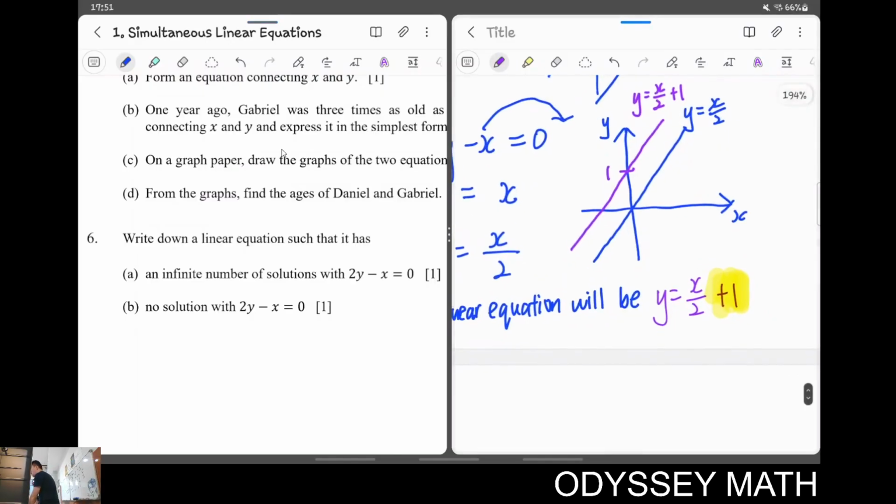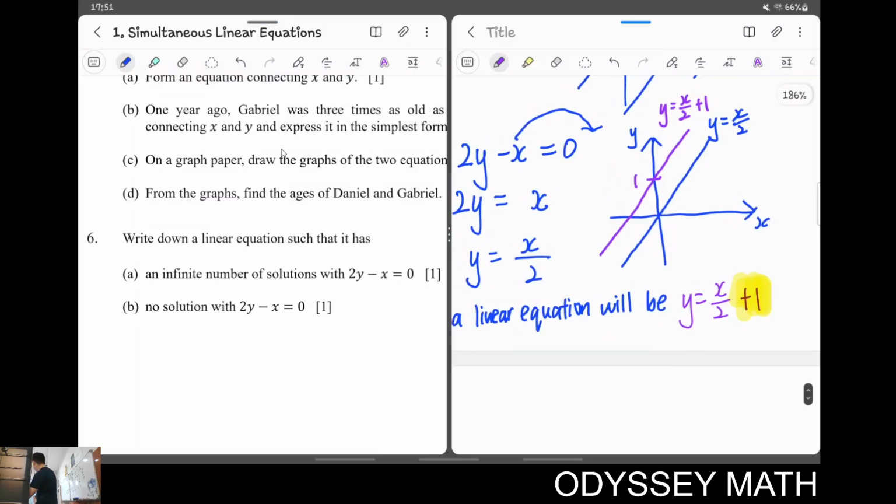If you put y equals x over 2 exactly as this equation, they are the same equation. Then both lines will overlap each other and cut each other infinitely many times. But part B is saying they don't want any intersection. So I have to add 1 such that it is parallel, but shifted 1 unit above the other.